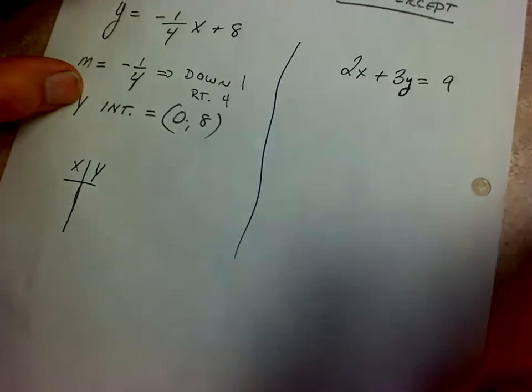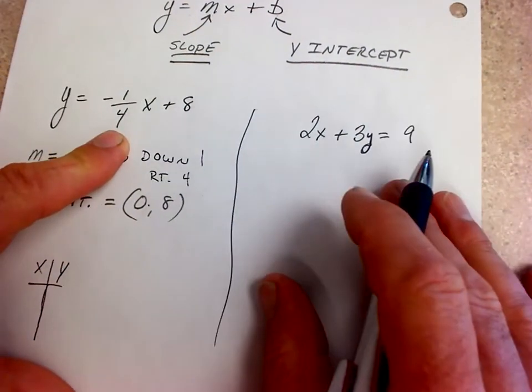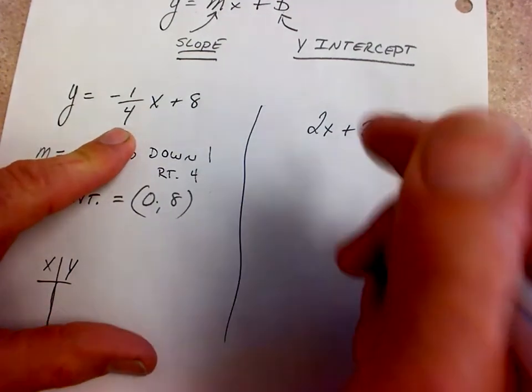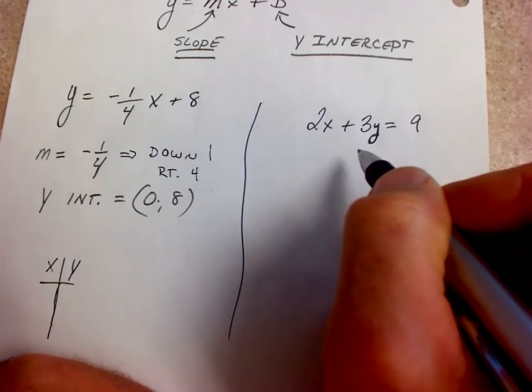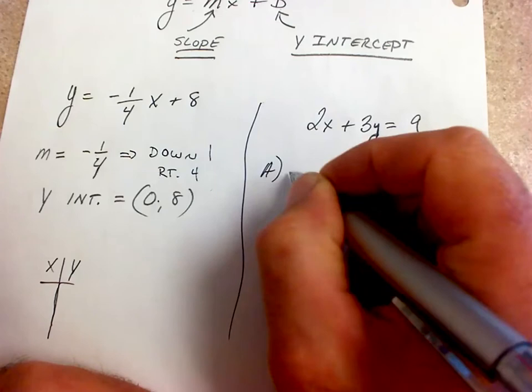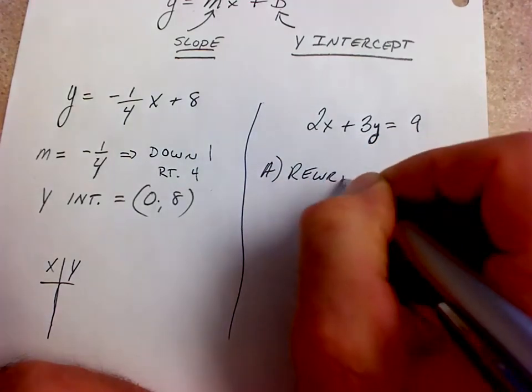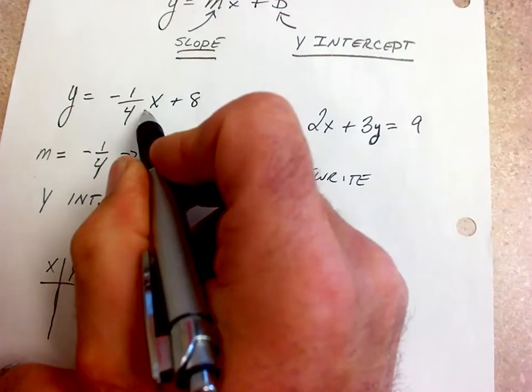All right, example number 2. Now, we're not always going to be given our equations in our slope-intercept form. Sometimes we're given them in the standard form, 2x plus 3y equals 9. All right, we have 2 choices. A, you can rewrite. So I can take this equation and I can rewrite it into this form.